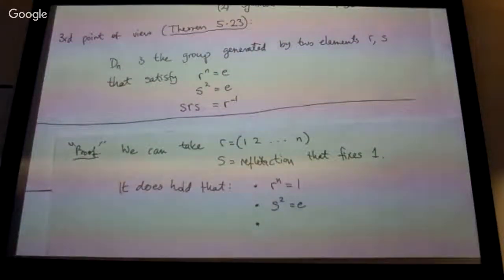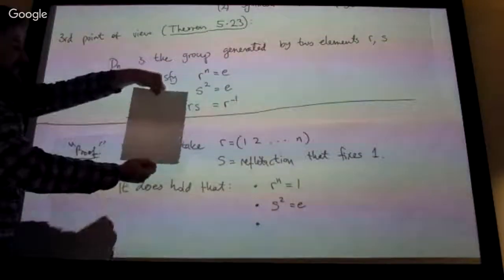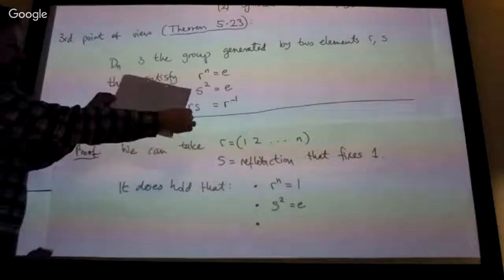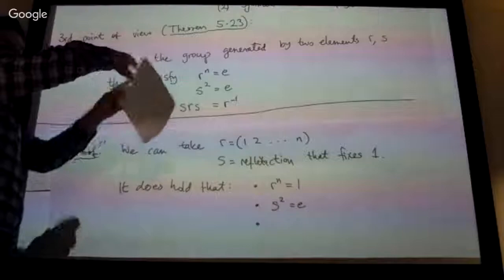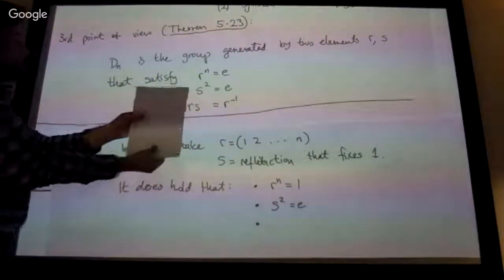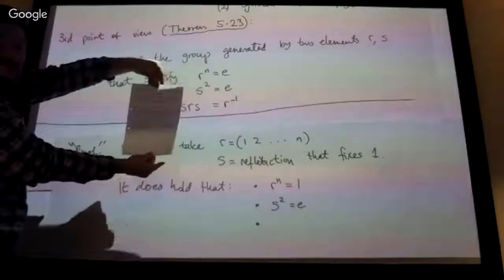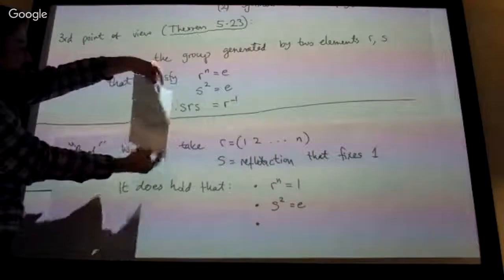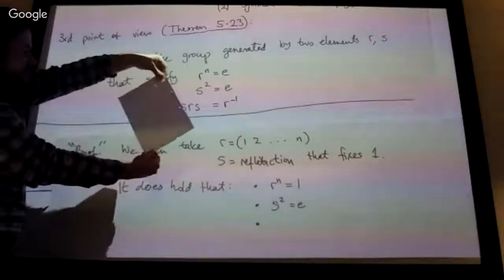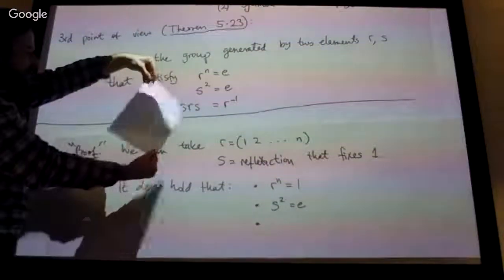Okay, I have this rotation as R. If I do it 4 times, I get back to where I started. Now what happens if I reflect, rotate left, reflect?